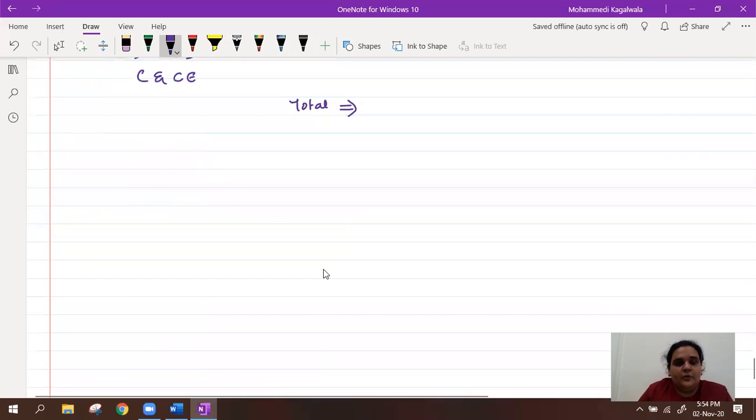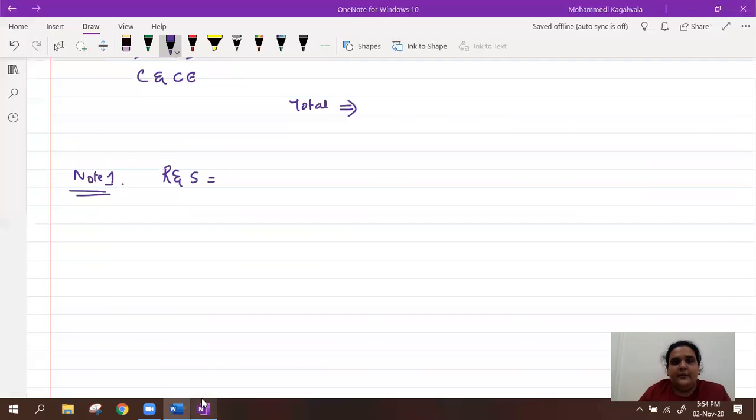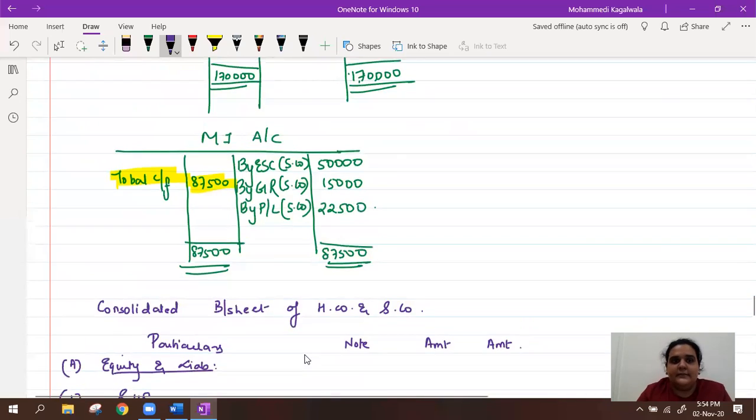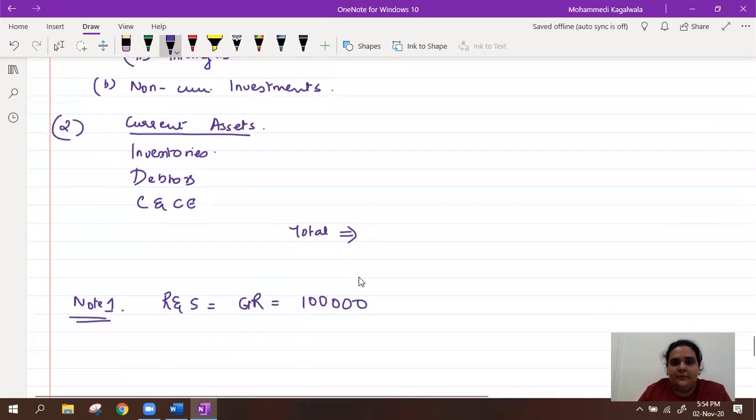Reserves and surplus में note 1. होल्डिंग कंपनी का रिजर्व्स एंड सरप्लस में देखेंगे तो जनरल रिजर्व भी है, प्रॉफिट एंड लॉस अकाउंट भी है बराबर, लेकिन प्रॉफिट एंड लॉस अकाउंट का लेजर बना है, तो जनरल रिजर्व इज इक्वल टू 1 लाख एंड प्रॉफिट एंड लॉस अकाउंट का वी विल टेक द बैलेंस 1,70,000 है कि नहीं, तो हो गया मेरा ये नोट.